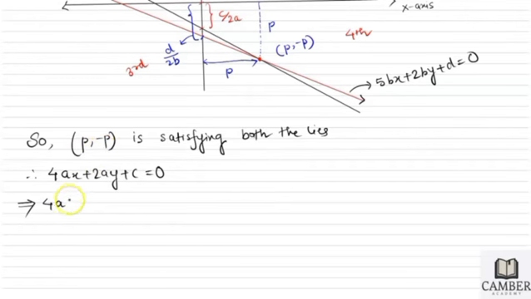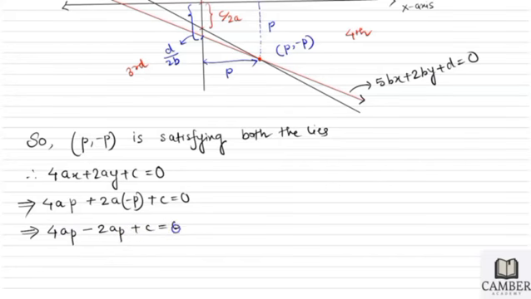So 4ap plus 2a into minus p plus c is equal to 0, right? So what we get here is 4ap minus 2ap plus c is equal to 0. So 4ap minus 2ap gives us 2ap plus c is equal to 0. So that implies p is equal to minus c by 2a.